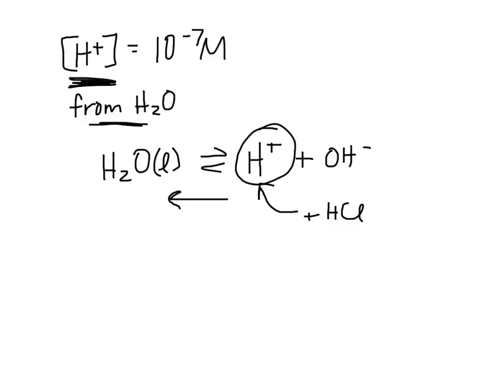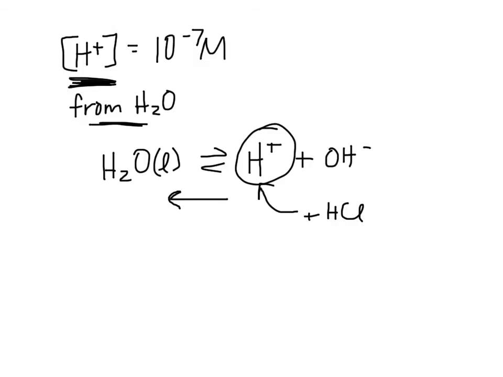Unless we have a really, really dilute solution, we can use the auto-ionization, the Kw of water, to calculate the concentration of the hydroxide in this situation. So we know we have 0.1 molar hydrogen ions from the hydrochloric acid.